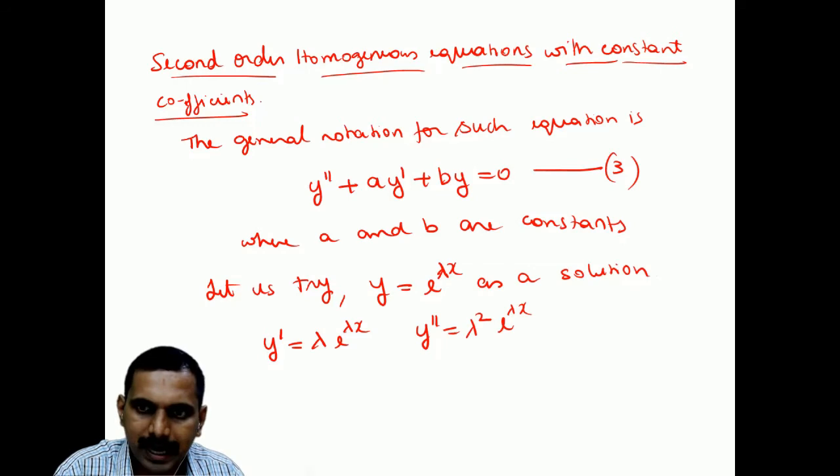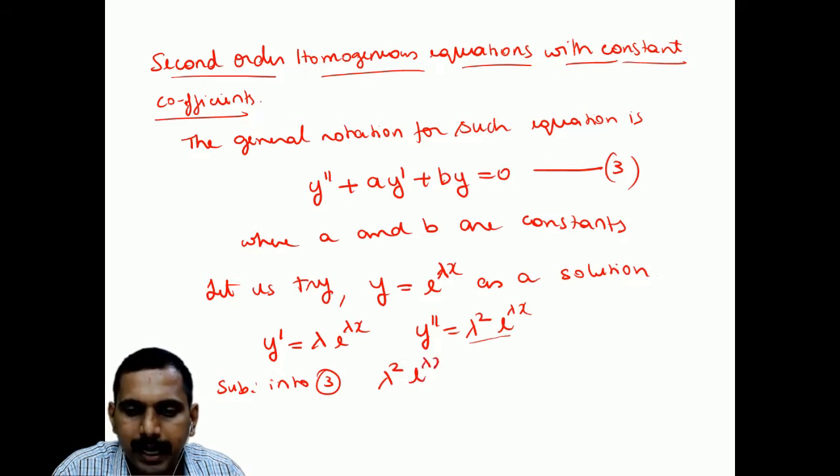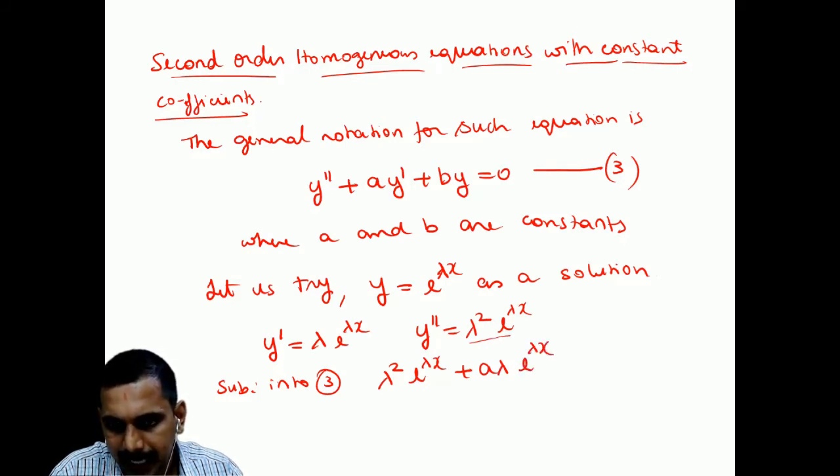Now let us substitute this back into 3. When you substitute into 3, instead of y double dash you will say lambda square into e power lambda x plus a into lambda into e power lambda x plus b into e power lambda x is equal to 0.